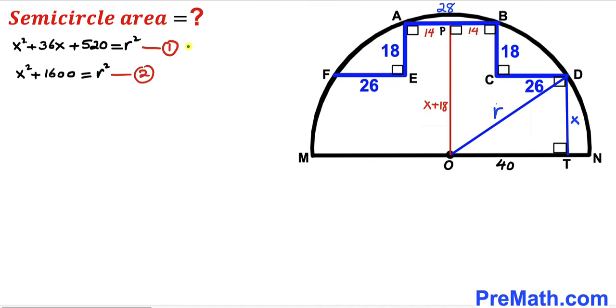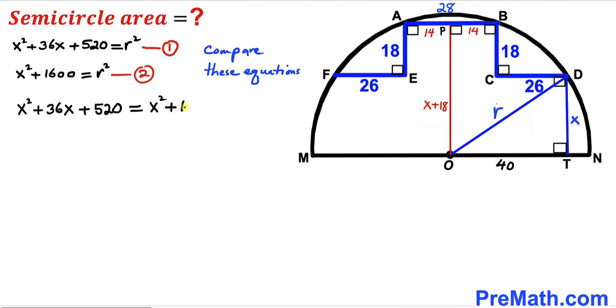So we end up with these two equations, equation 1 and equation 2. Now we are going to compare these two equations. We can see our right hand sides are identical, so we can equate the left hand sides as well. So we could write x square plus 36x plus 520 equals x square plus 1600. Now we can see x square and x square are gone.